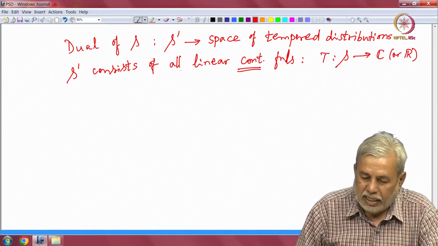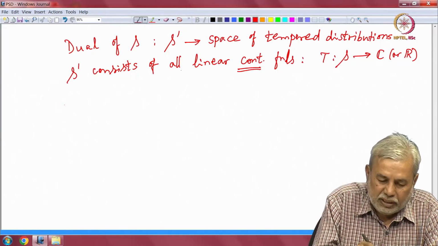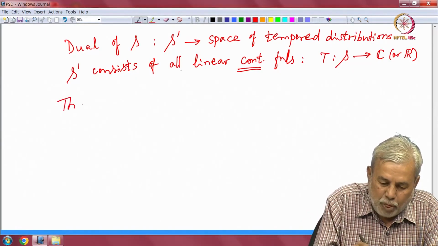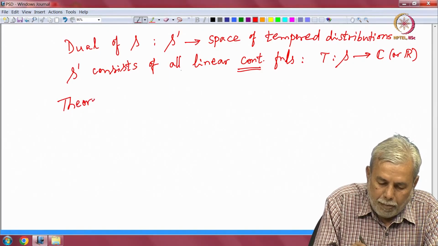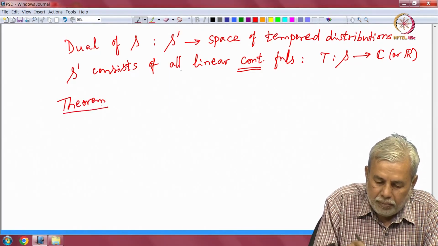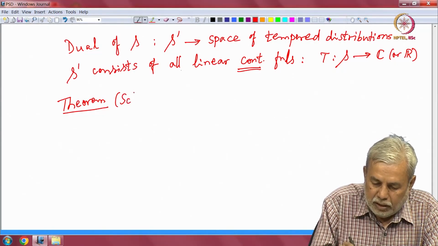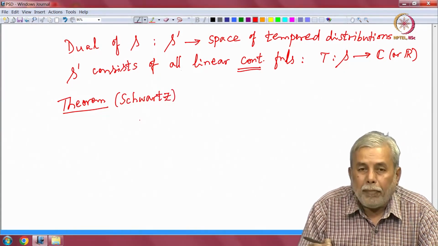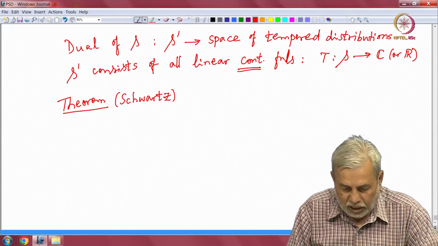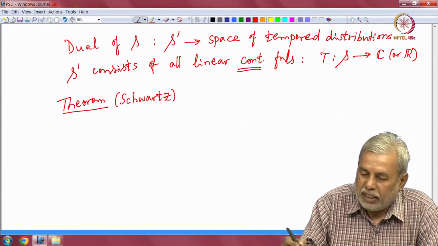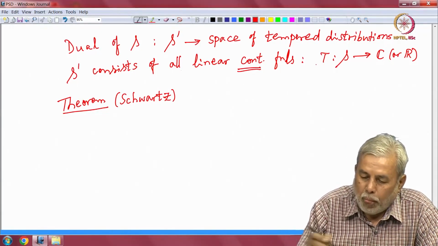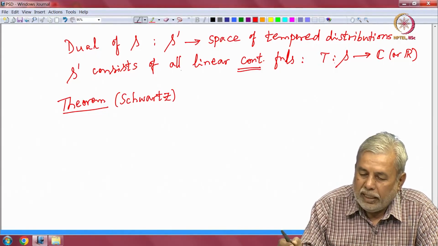But here is an easy way of checking that. I state it as a theorem. I am just stating a simple version, but there is a stronger version of this theorem. I am just confining myself to one linear functional.